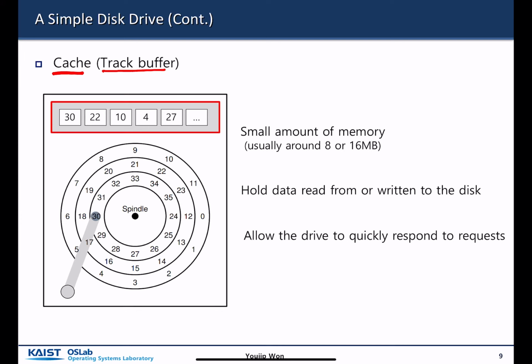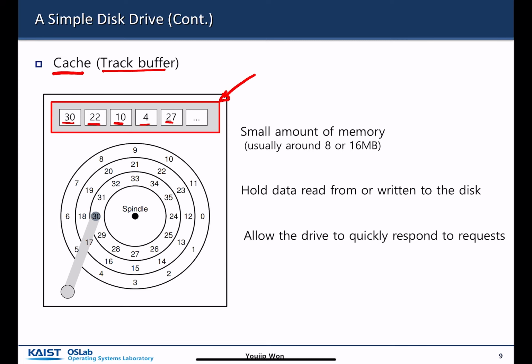So for example, there are requests for sectors 30, 22, 10, 4, and 27. And then instead of writing each of these sectors directly to the disk surface, it first buffers those requests in the buffer and then places them on the track.